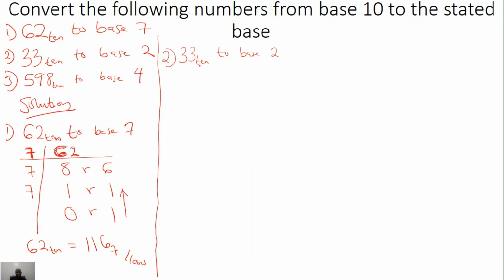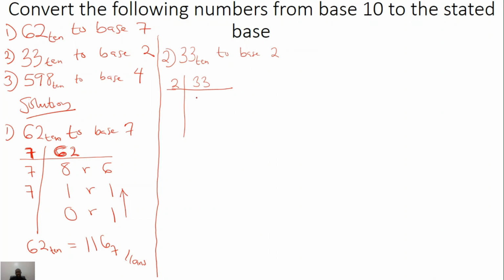What we do is we repeatedly divide 33 by 2 until we can no longer divide it by 2. Let's start now by saying 33 divided by 2.